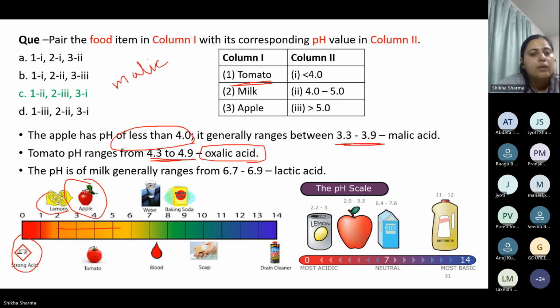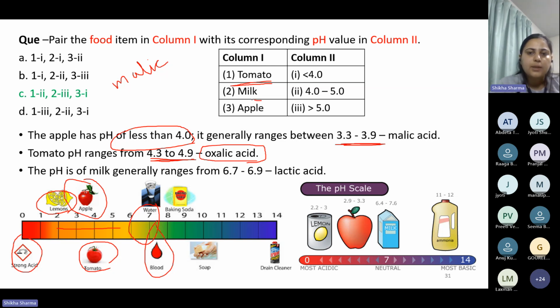Then lemon is a natural food which has a low pH, more acidic than apple. Then here is a tomato. Water is near neutral. Blood is around above 7 to 8, and other products.